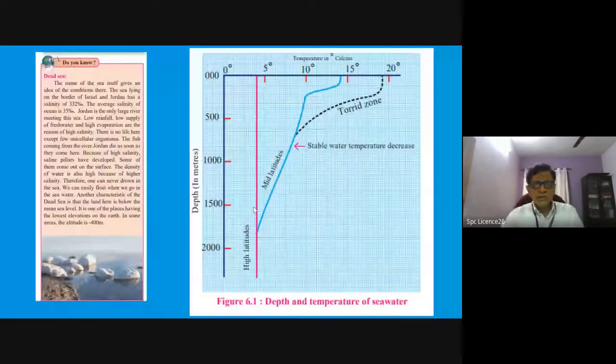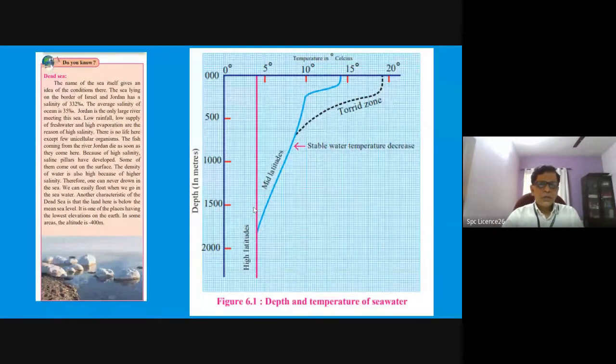Now that was the physical aspects of the ocean floor, and now let us come to the chemical aspects of the oceans. You would be surprised. Does anybody remember these diagrams that you are seeing on your screens now? Have you seen them anywhere earlier?